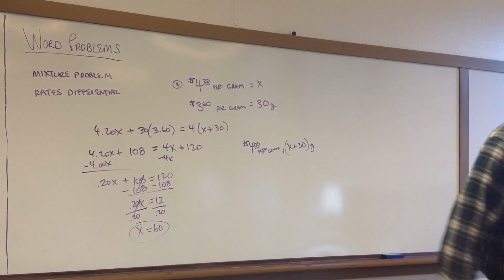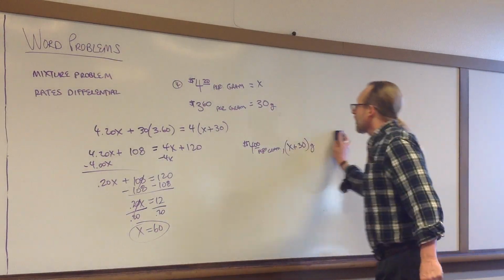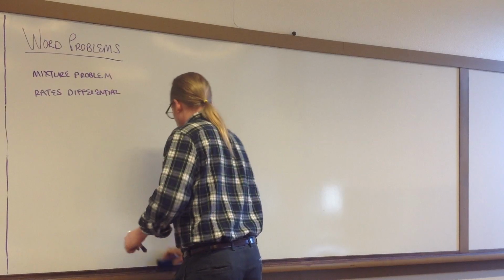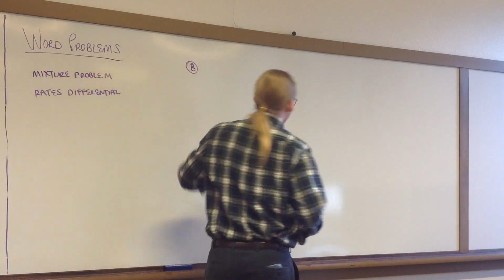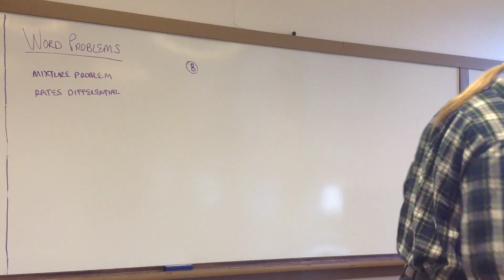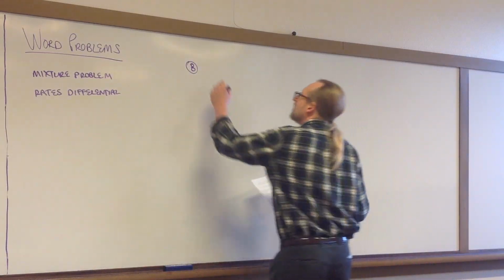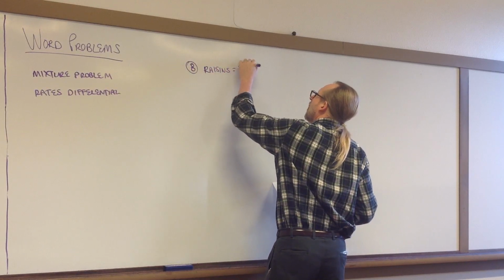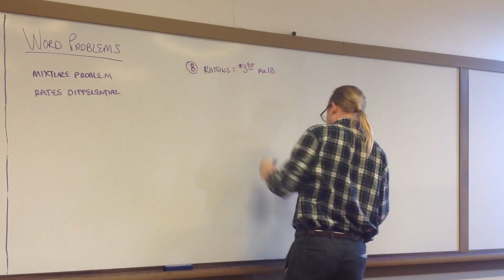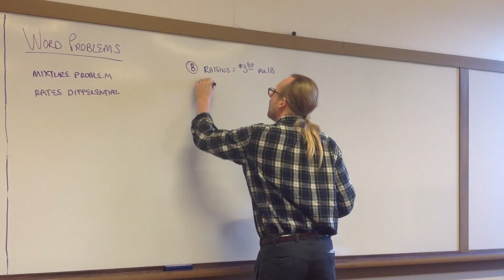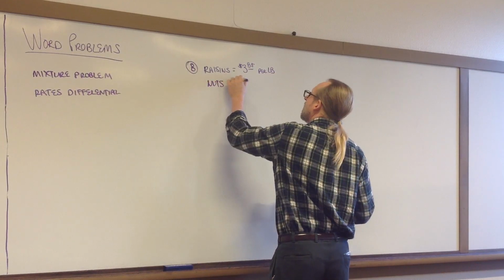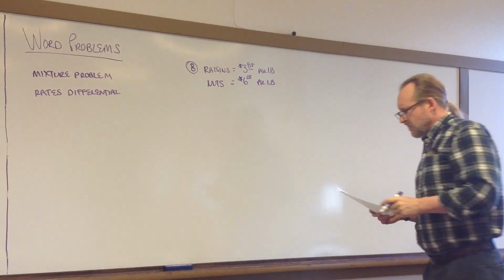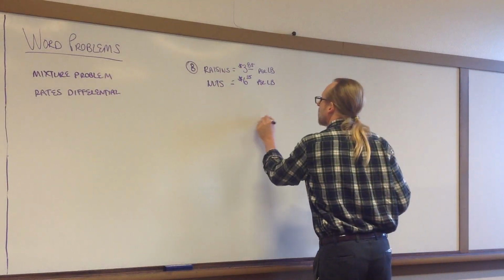All right, let's look at problem 8. Raisins selling for $3.85 a pound, mixed with nuts selling for $6.25 per pound, to make a trail mix that we want to sell for $5 per pound.